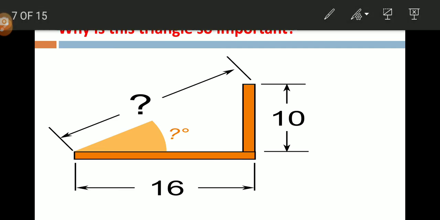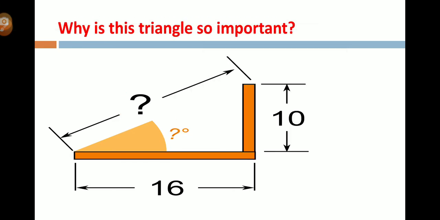So trigonometry is very important in finding the missing angle and distance.